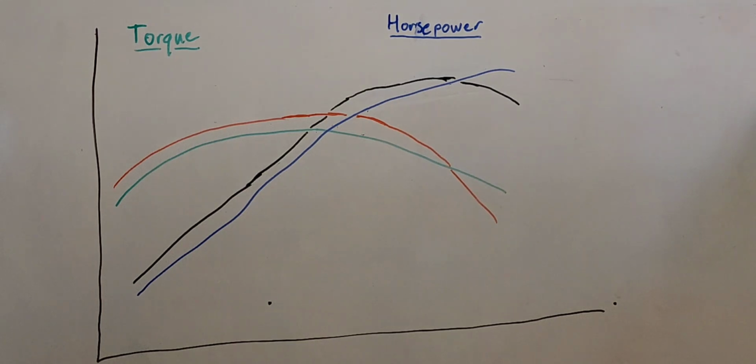They shouldn't be that way. They should be focused on torque and focused on the brake mean effective pressure, and generating as much of it as they can from as little fuel as possible.